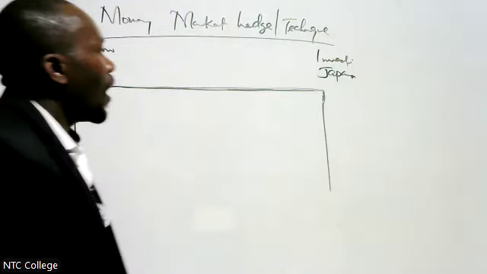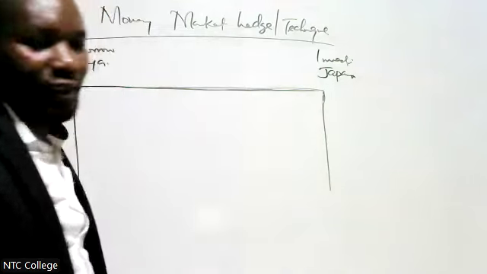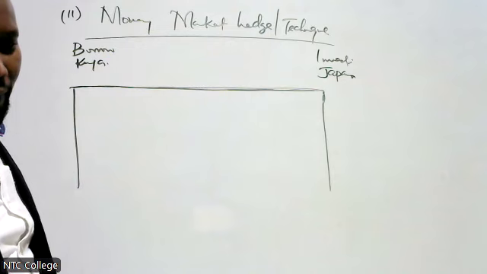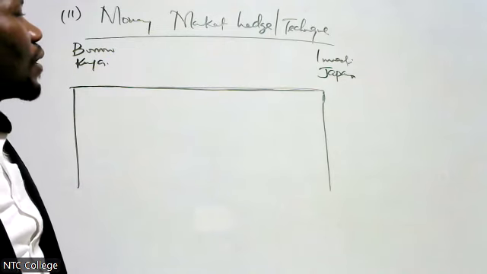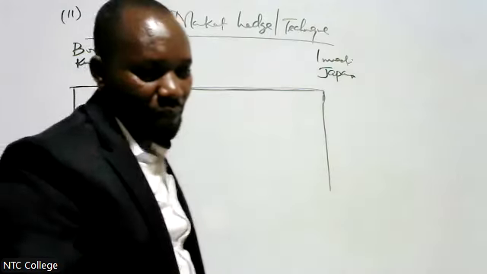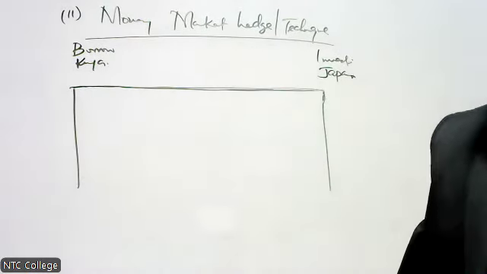So how much are we going to invest here in Japan? How much are we going to invest in Japan? Can somebody tell me how much you are going to invest in Japan?